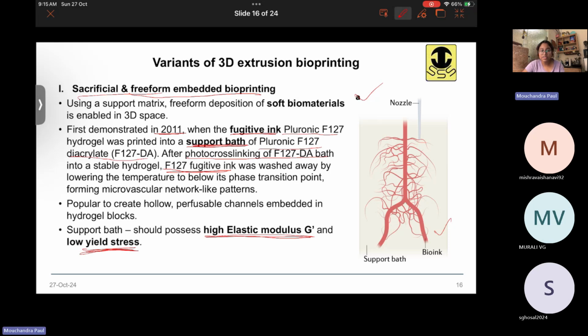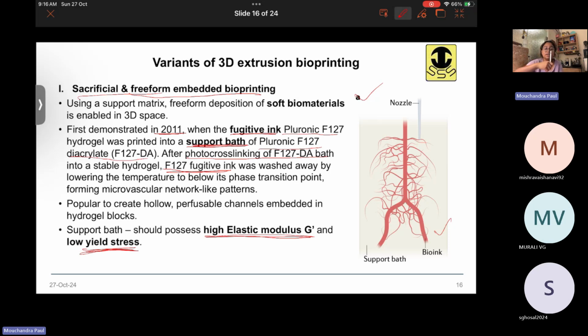Low yield stress, as we discussed earlier, is basically the minimum stress that should be applied for a material to flow. Here, when we talk about low yield stress, we think in the way that it will help the translation of the nozzle. If it has very high yield stress, then the nozzle will not be able to move.